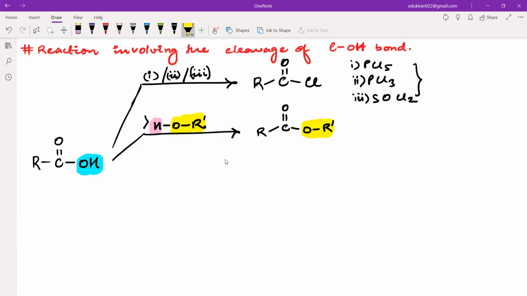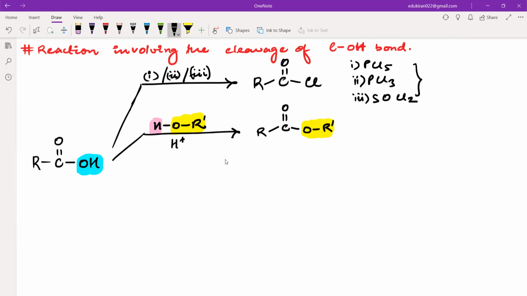Plus you have made water from the hydrogen of alcohol and the hydroxyl group of carboxylic acid. Okay, all of this reaction is done in the presence of an acid, generally H2SO4 or HCl, any proton-giving acid. Okay, fine with this one? Yes or no? So you have carboxylic acid and alcohol, it is going to give you ester.